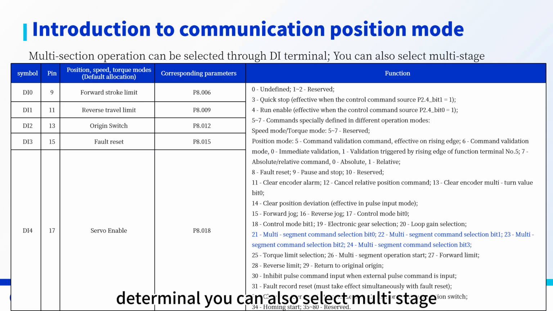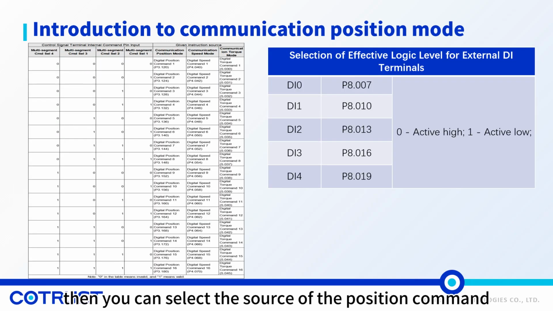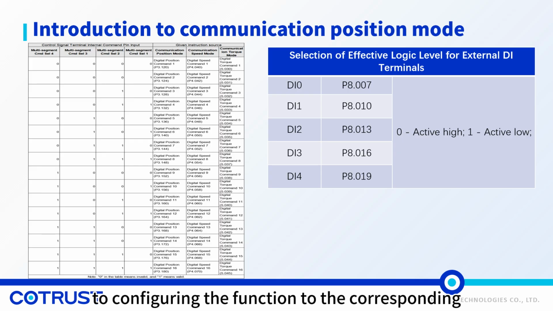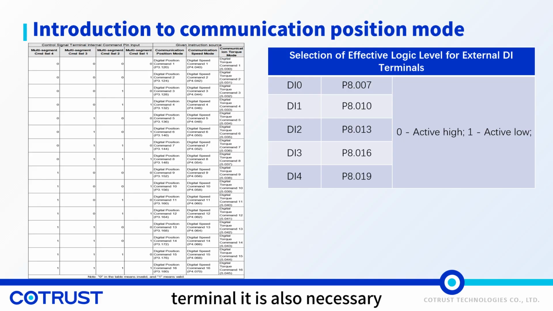You can also select multi-stage. Then you can select the source of the position command by selecting 1 to 4 as 0 or 1 through multiple instructions. With terminal control, in addition to configuring the function to the corresponding terminal, it is also necessary to select the effective logic level for each terminal.